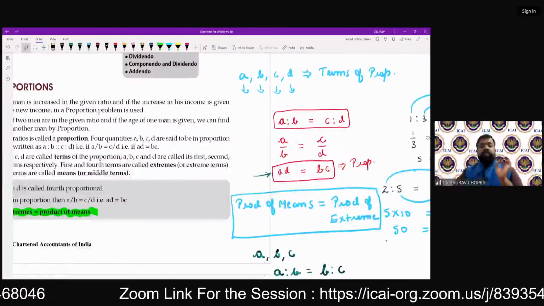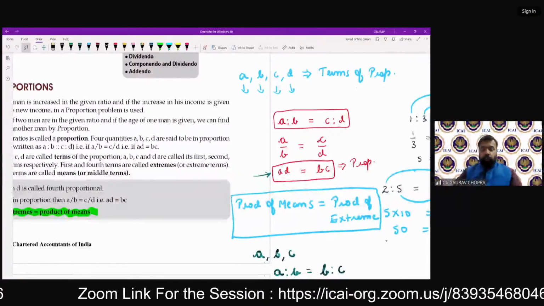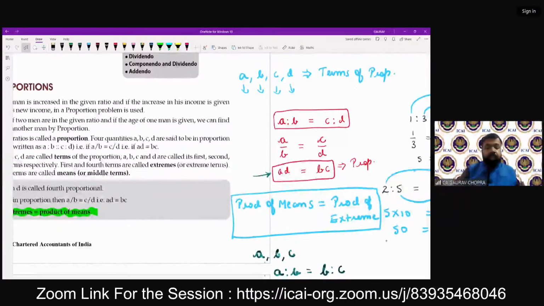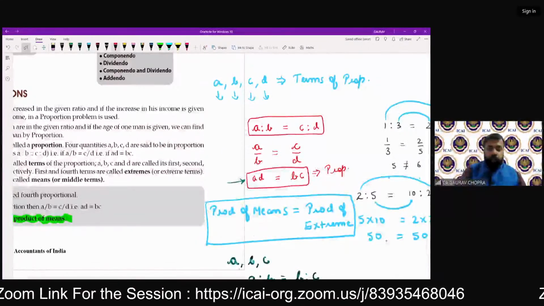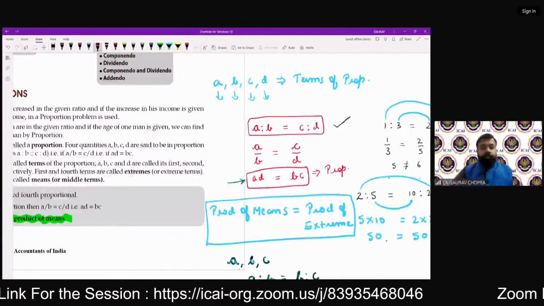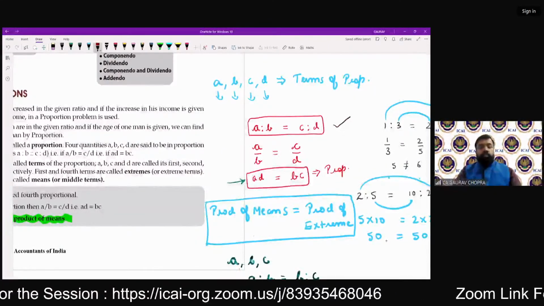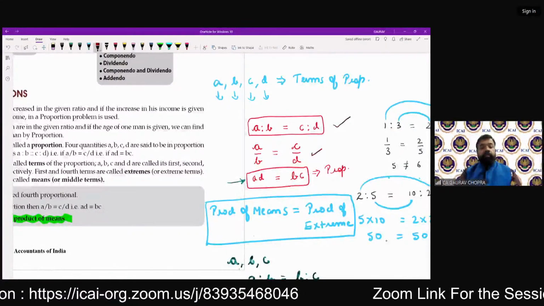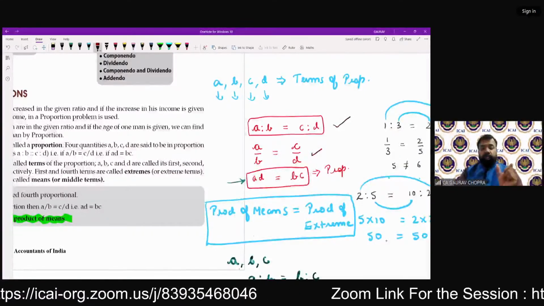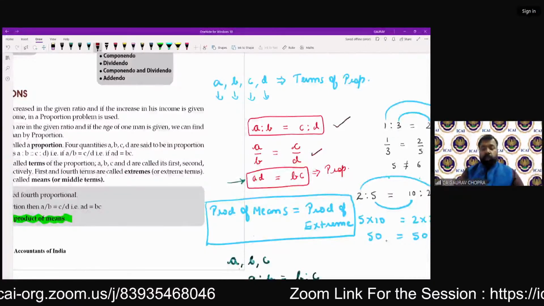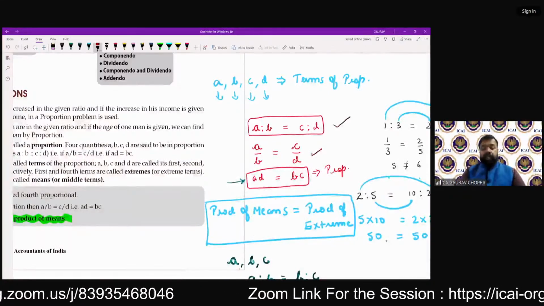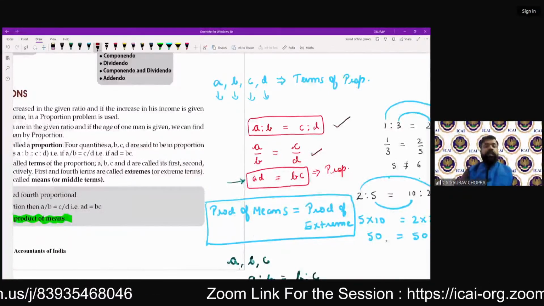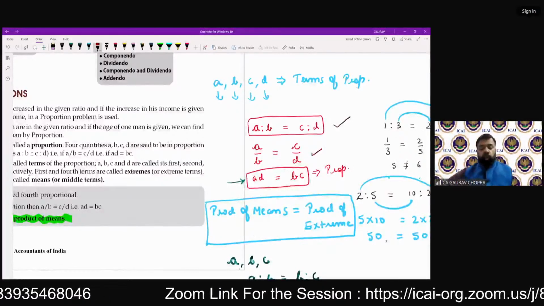This is the basic definition of proportion: A ratio B is equal to C ratio D. In mathematical form, A by B is equal to C by D, or by cross multiplication, AD is equal to BC. This is the conclusion for proportion.